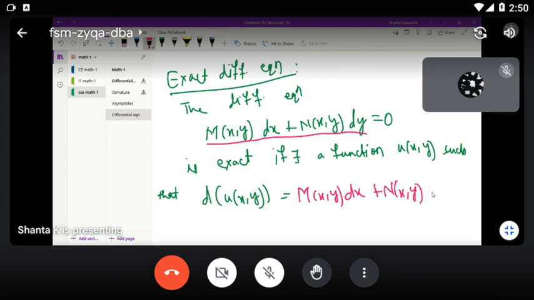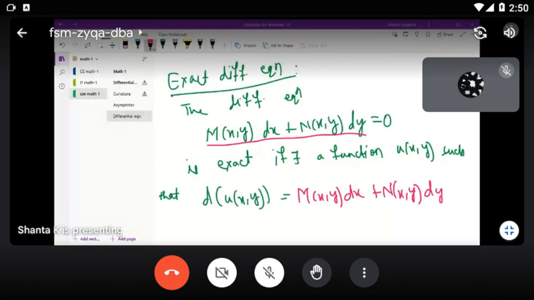And we have some derivation, some formula, where you can check whether it's an exact differential equation or not.